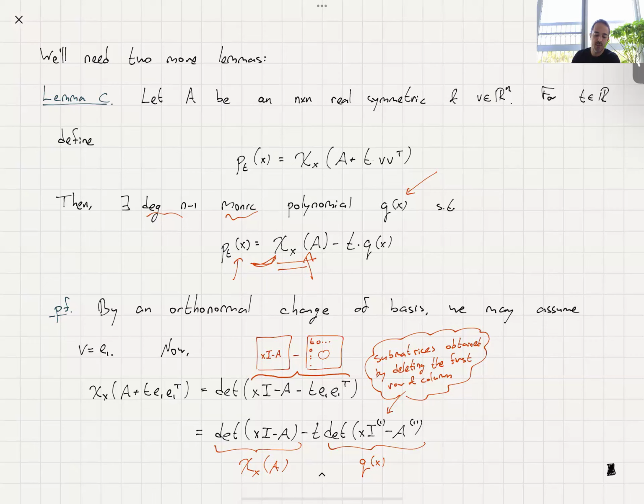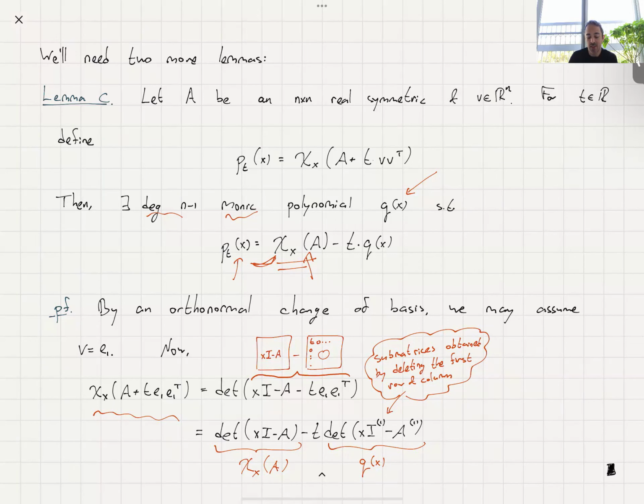So first of all, we can always do an orthonormal change of basis, and so we can assume that v is just the first unit vector e1, because the characteristic polynomial, which is a determinant, won't change when you do the base change. It's just easier to do it like that. So the new characteristic polynomial, A plus t e1 e1 transpose, well, what are we looking at?